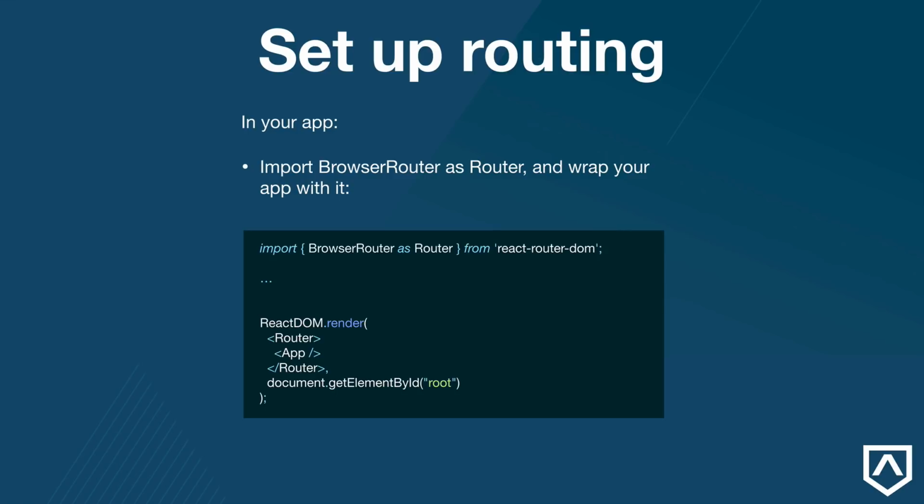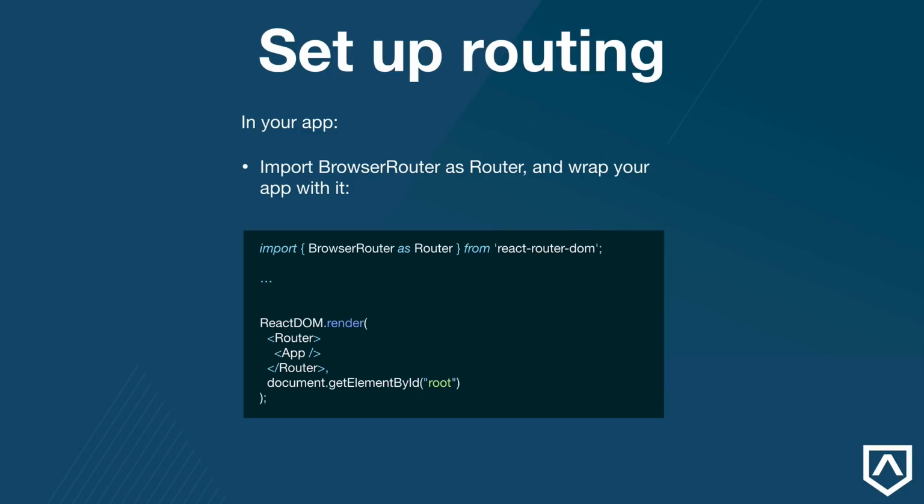Now we're going to set up routing in our application. So in your index.js file, you're going to import BrowserRouter as Router, as we can see here, and wrap your app with it. So import the router with the syntax that's shown here from react-router-dom, and this imports the BrowserRouter component, but renames it to Router inside our file.